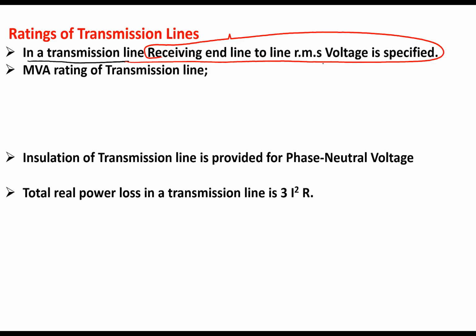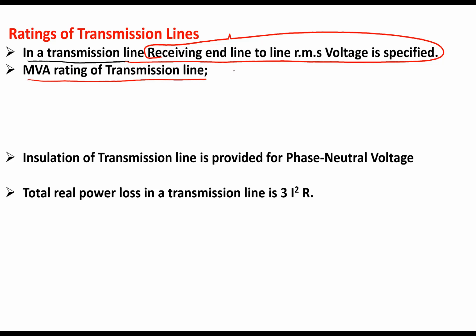The second is how much power can the transmission line carry? How much power? It is not the real power we decide. It is the complex power. How much complex power it can carry safely without getting overheated, without getting damaged. That is the MVA rating of the transmission line. Understand?